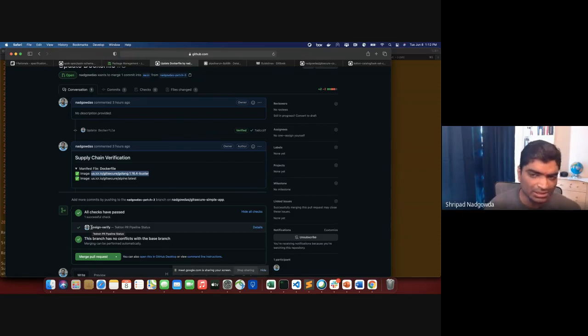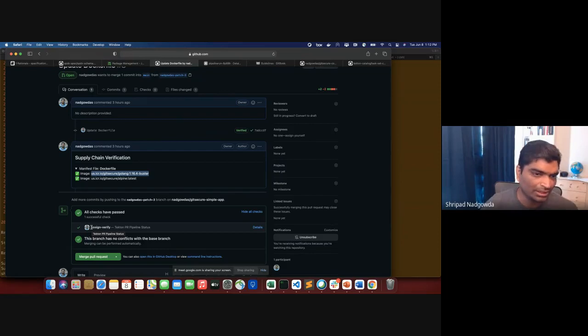And this is the first step. The idea is to eventually recommend to the developer. Right now we are just telling them the problem, that this image has not been signed, but can we recommend that you should instead use this particular image which is signed. The second is that it can go to the package level also.